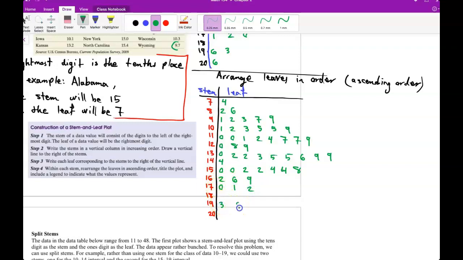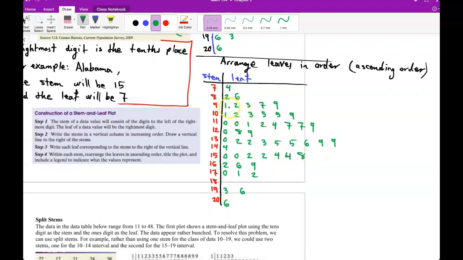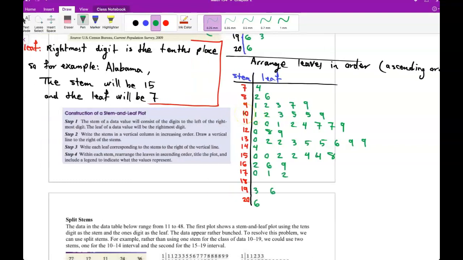Here is 3, 6, and here is 6. And also, between these numbers we have nothing. Some students make the mistake of using a comma in between. That is wrong. You shouldn't use anything in between.